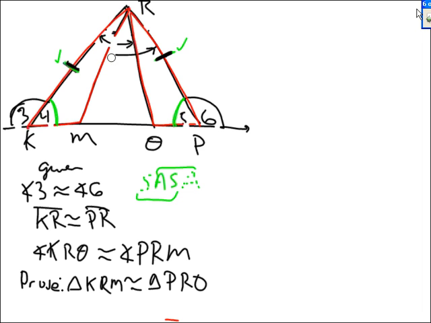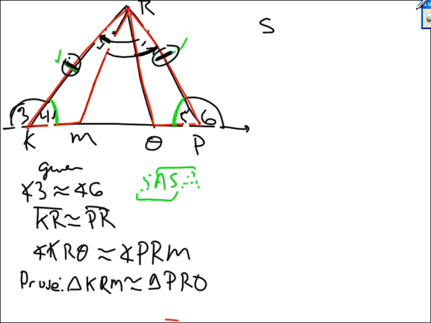If I remove what's in the middle, then I have ASA. I have that this angle and this angle are equal. So I have two angles that are the same, and the side in the middle of those two angles are the same. And that's how we're going to proceed.